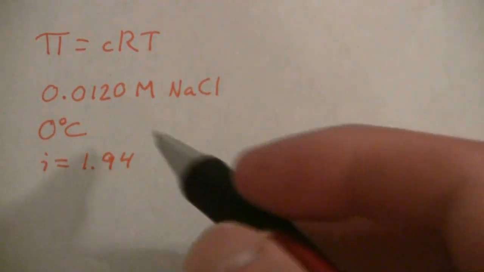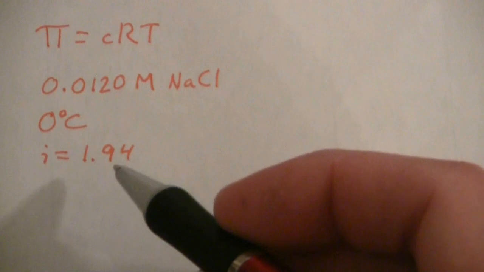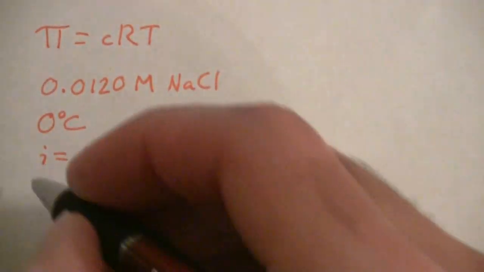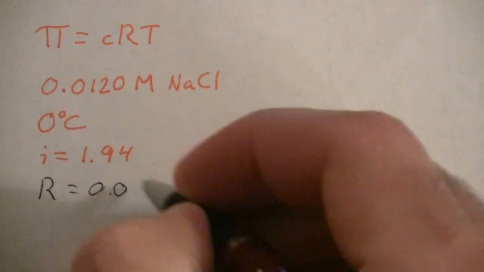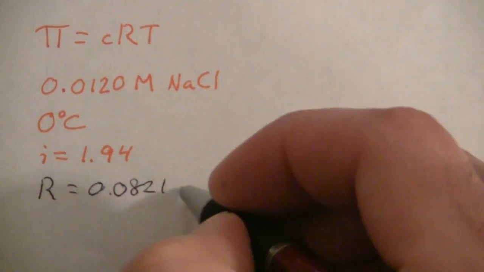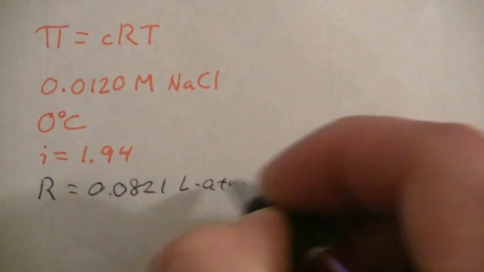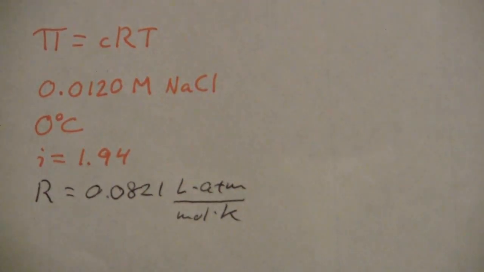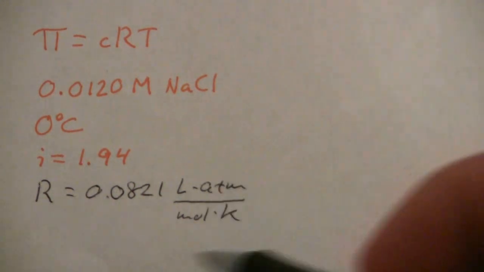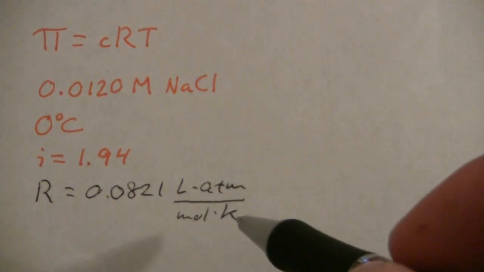All right, so here is the information that they gave us. The gas constant R is 0.0821 liter atmospheres per mole Kelvin. All right, so this kind of defines our units for us.